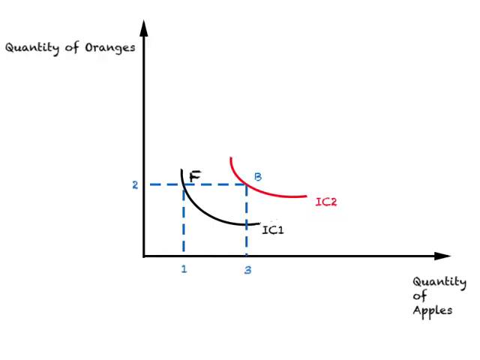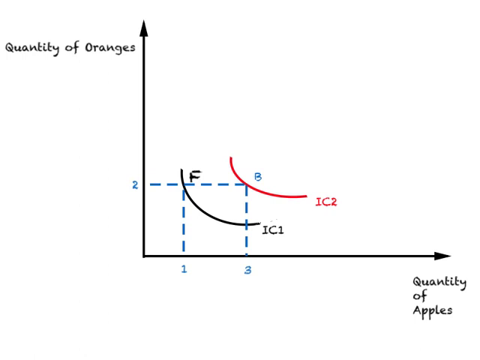In this diagram, once again we have quantity of apples on the horizontal axis, quantity of oranges on the vertical axis, and now what we have are two indifference curves, IC1 and IC2. Now based on the assumptions that I have made, I can make a statement that IC2 implies higher level of satisfaction relative to IC1, or IC1 implies lower level of satisfaction relative to IC2.